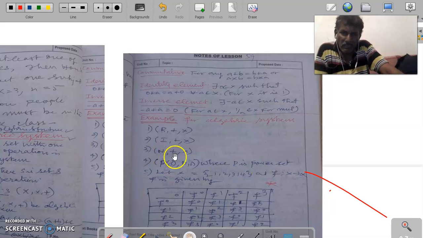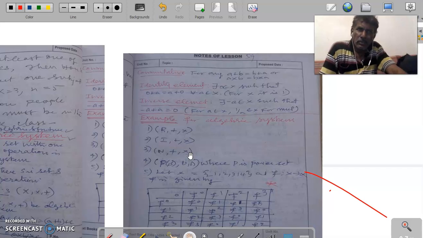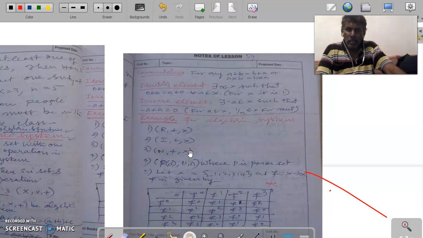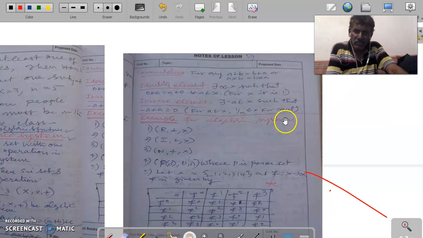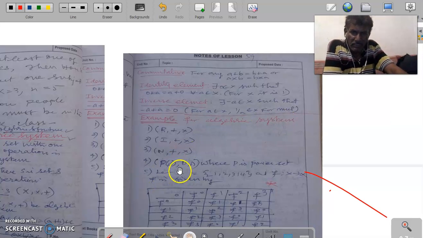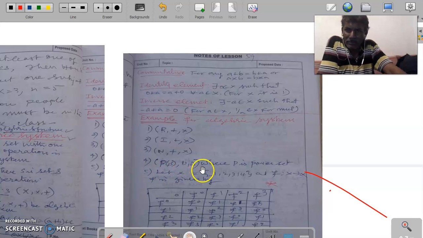N, the set of natural numbers, with addition and multiplication is also another example of an algebraic system. Similarly, in set language, any set with union and intersection is another example of an algebraic system. And now look at this.